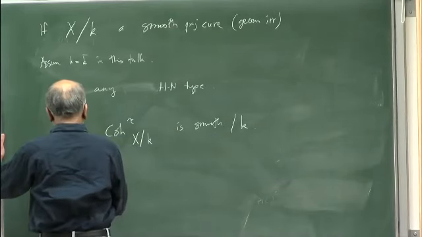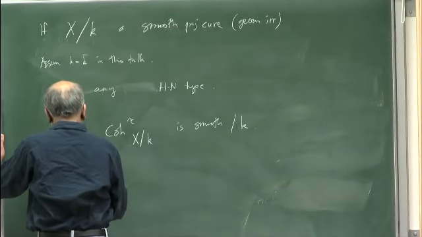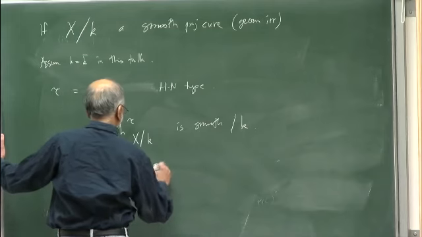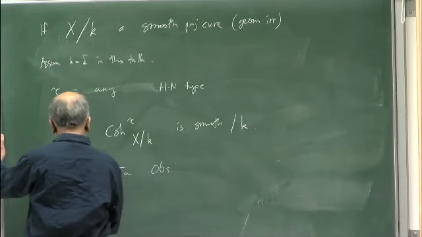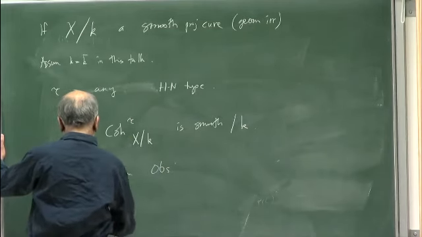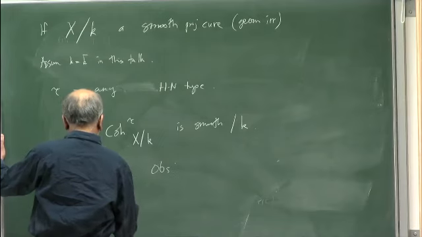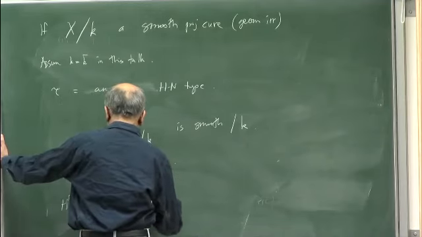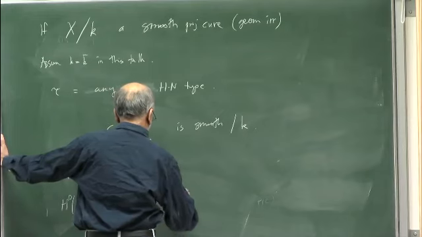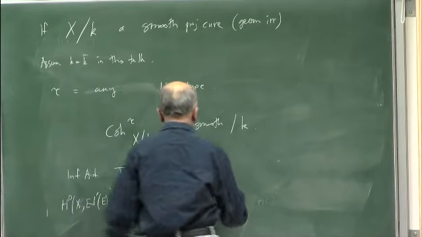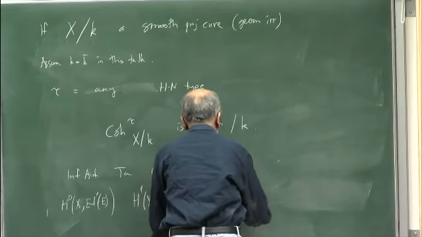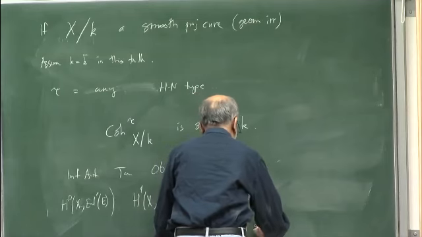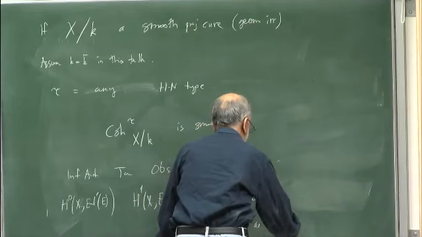So infinitesimal automorphisms, tangent and obstruction are H0 of X, End' E, H1 of X, End' E, and H2 of X, End' E, and this is 0 as the dimension of X is 1.